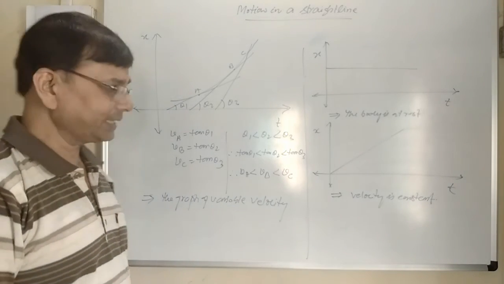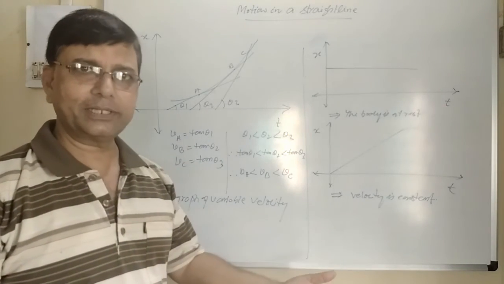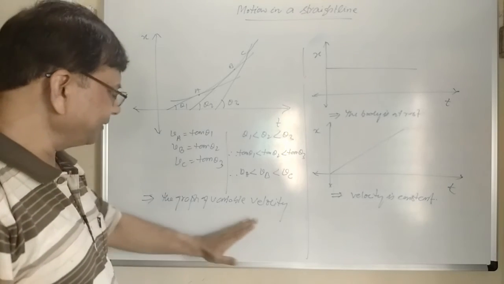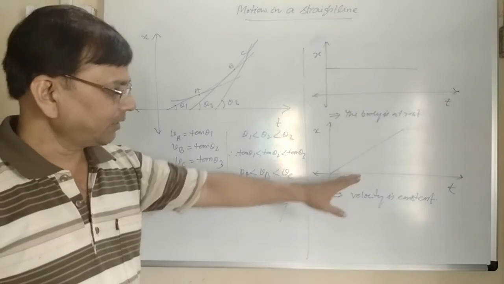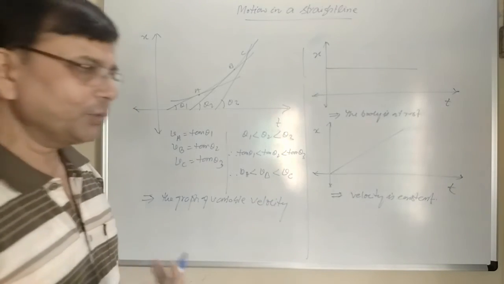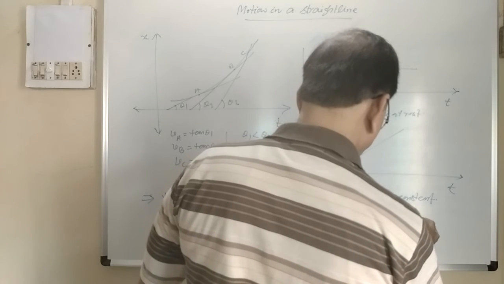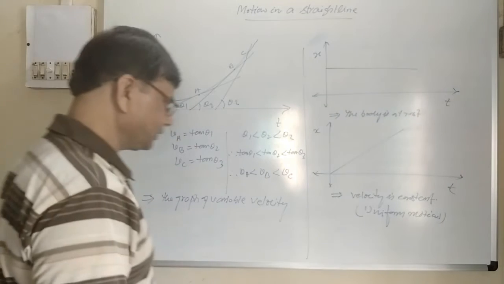These are very important things. By observing the graph, analyze the graph and draw the conclusion. What kind of motion is this? Variable velocity is also called non-uniform velocity. Constant velocity is called uniform motion. It means velocity is constant.